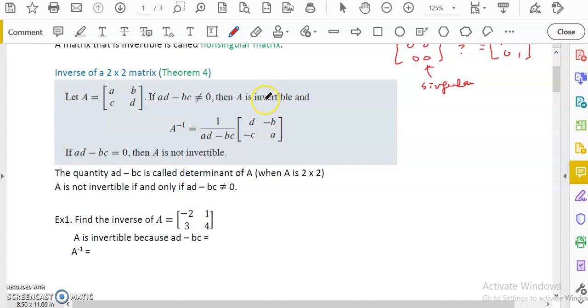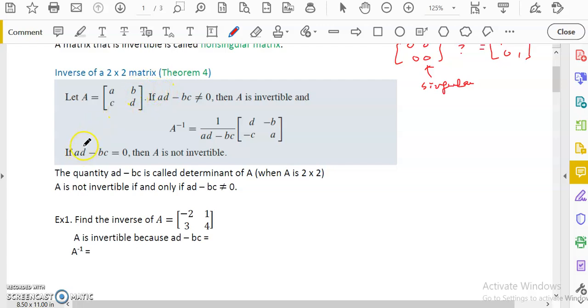If it is not 0, then it's invertible. Then A inverse will be 1 over AD minus BC, times the matrix where you switch A and D on the main diagonal and change the sign of the off-diagonal entries B and C.